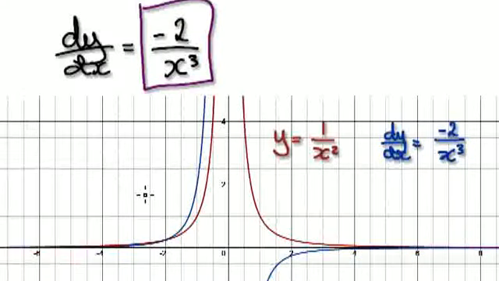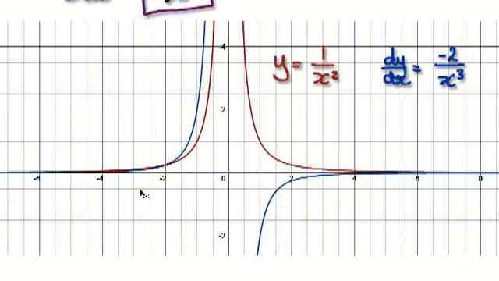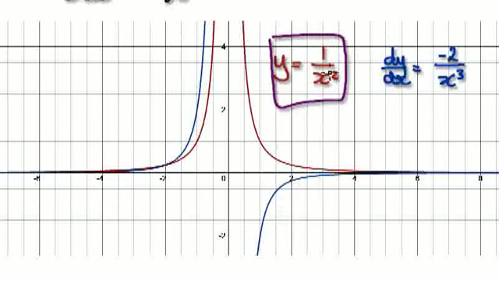When you look at the original graph, y equals 1 over x squared, it's the red line, and the gradient graph is the blue line. You can see here the gradient's positive, that's why the blue line is in the positive realm.